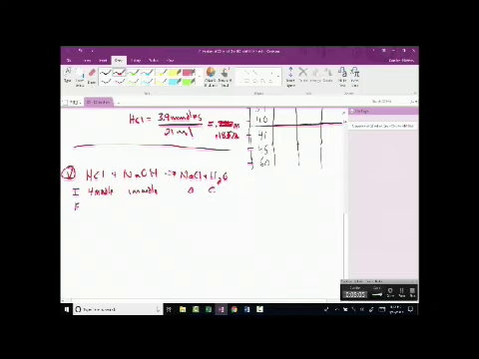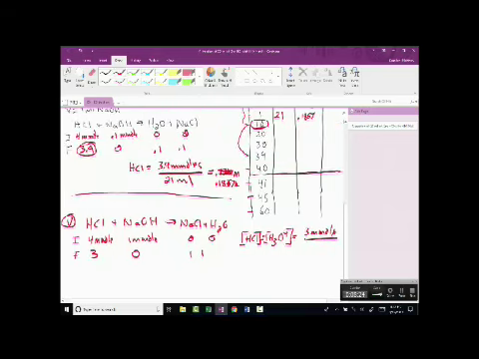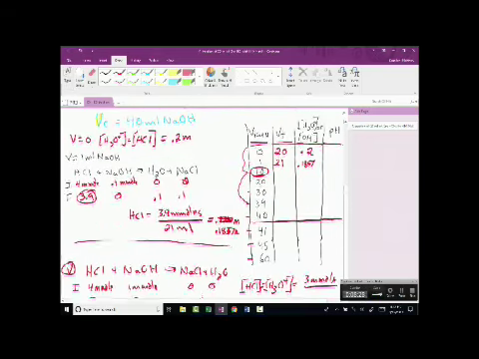Okay, and when I'm done, I get 3, 0, 1, and 1, so the concentration of HCl will equal the concentration of H3O plus, which is going to be equal to 3 millimoles divided by, what was our total volume?